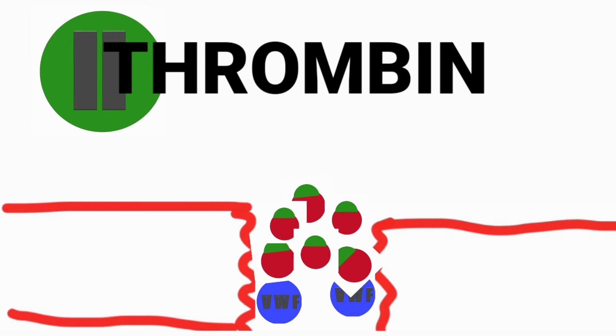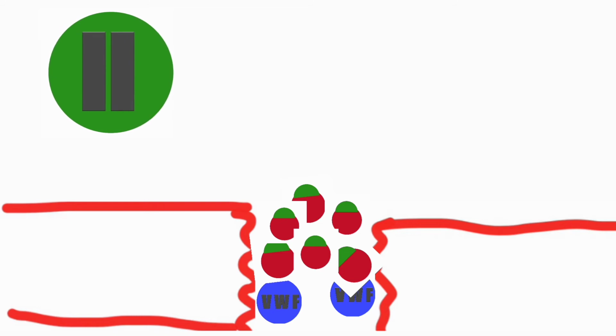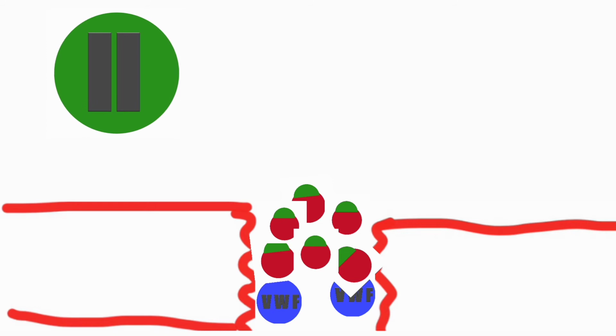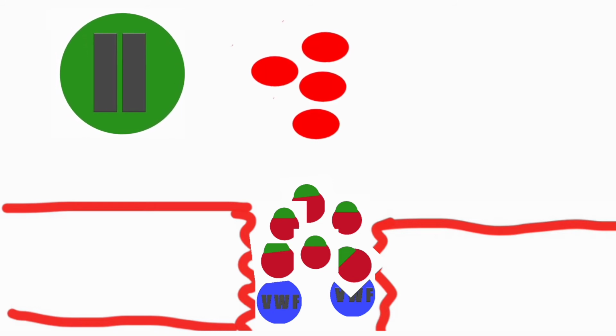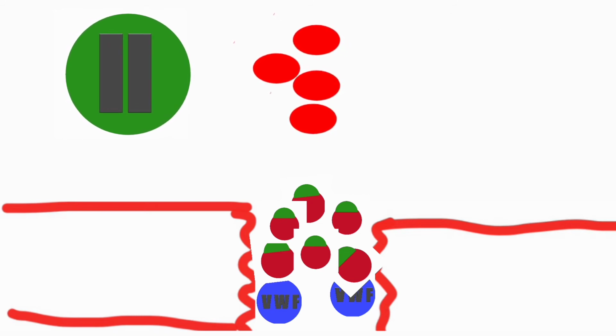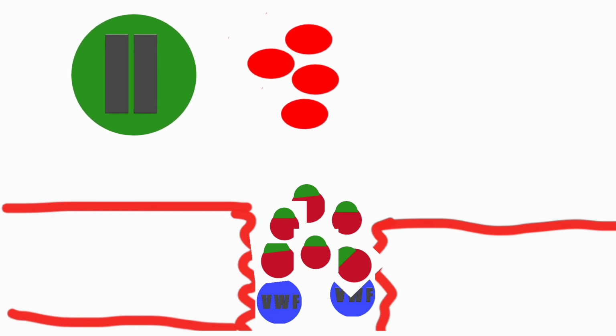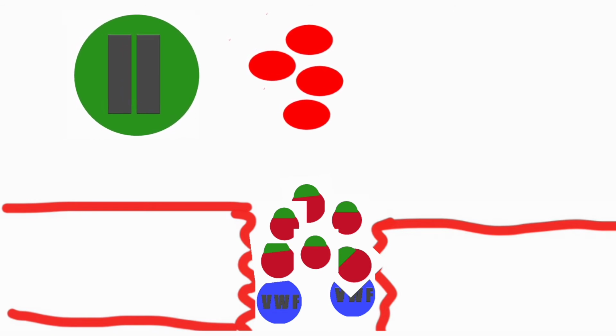Factor 2, or thrombin, will then react in two ways. Now I will explain the first one. In the first reaction, factor 2 converts fibrinogen to fibrin. So look at what I mean. These red dots here are my fibrinogen molecules. Fibrinogen is a highly concentrated plasma protein.